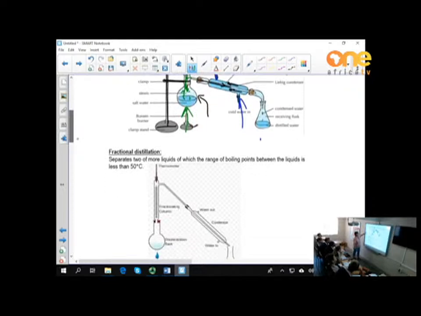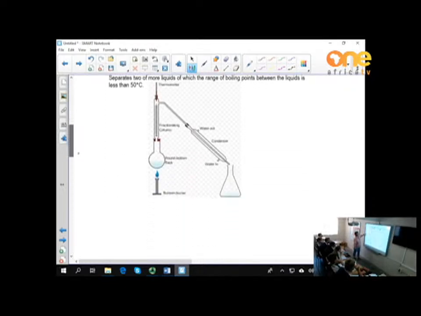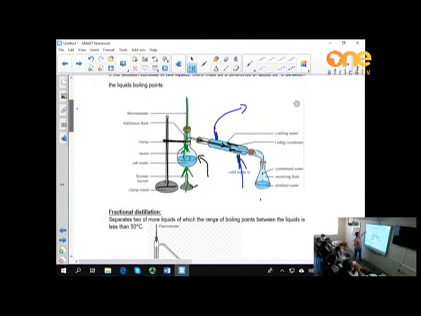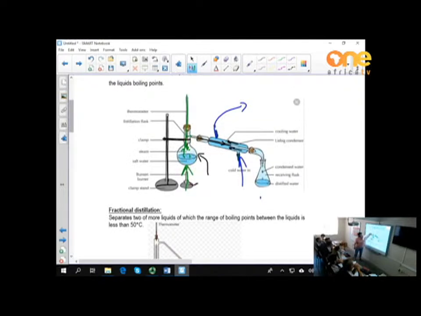Now, sometimes we have more than one liquid in a mixture, and their boiling points are slightly closer together. Then we do a process called fractional distillation. To do fractional distillation, we add a long column on top of the flask. Before, we just had the thermometer in it.